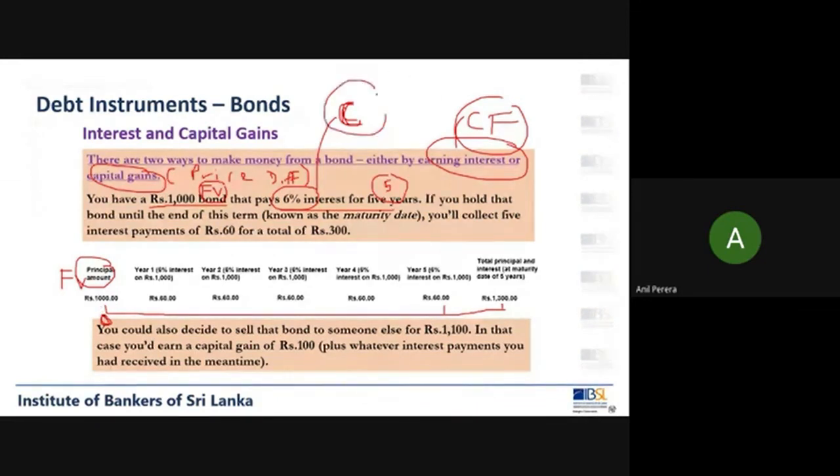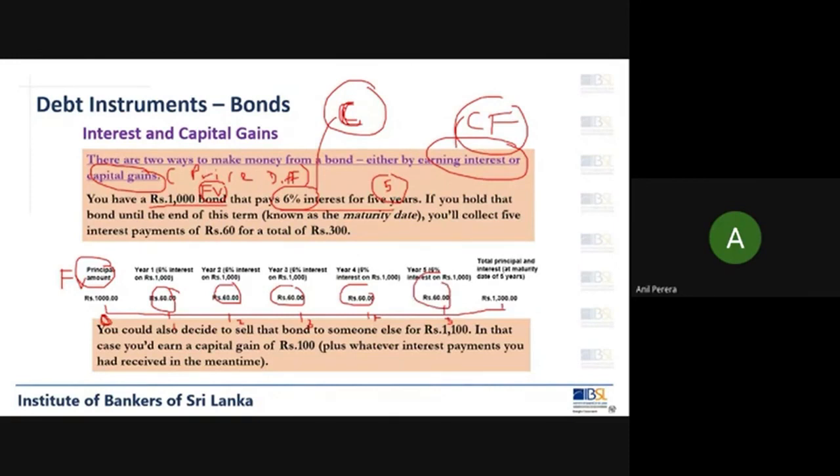The coupon rate is 6%. So 1000 into 6% means you get 60 in the first year. Another 60 in the second year. Another 60 in the third year. Another 60 in the fourth year. And in the last year also you get 60 as cash income.